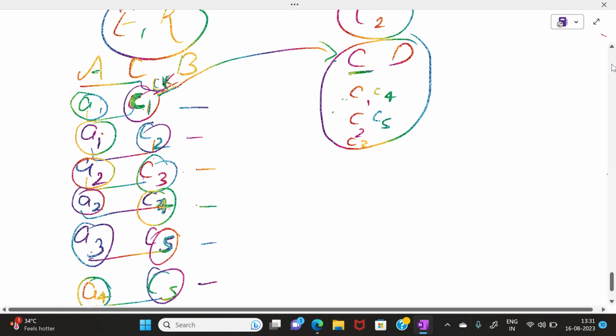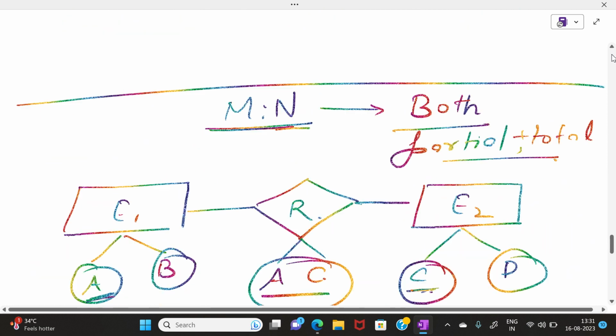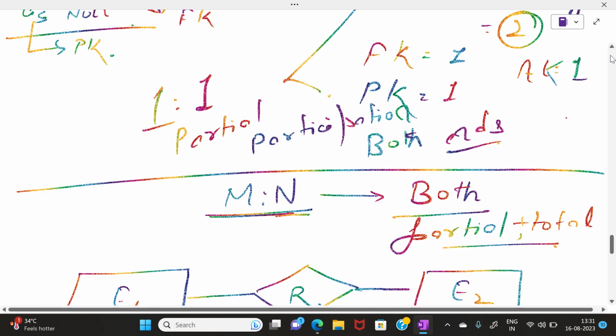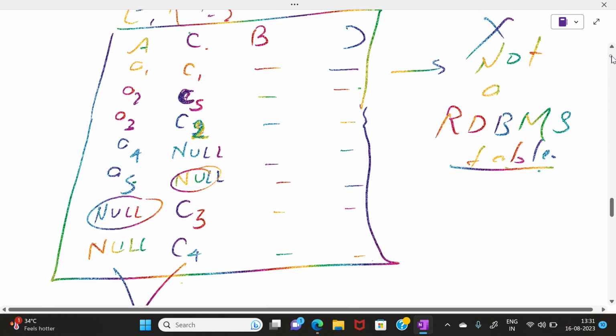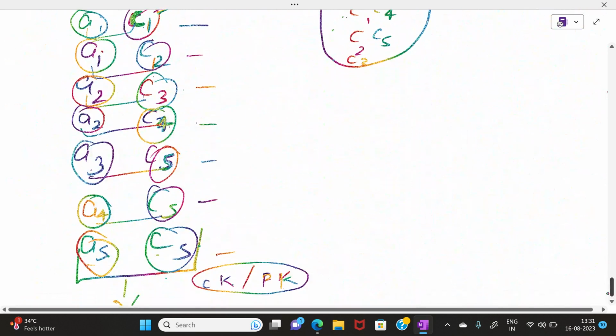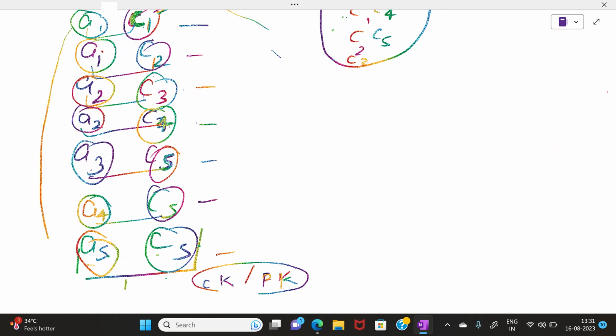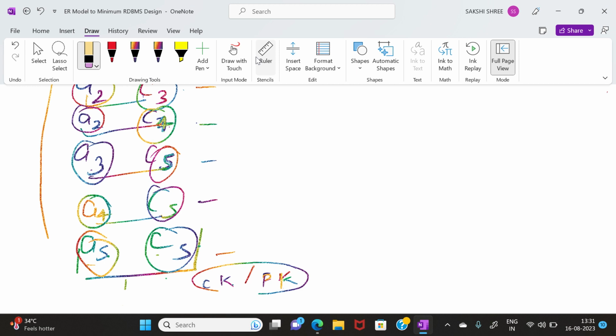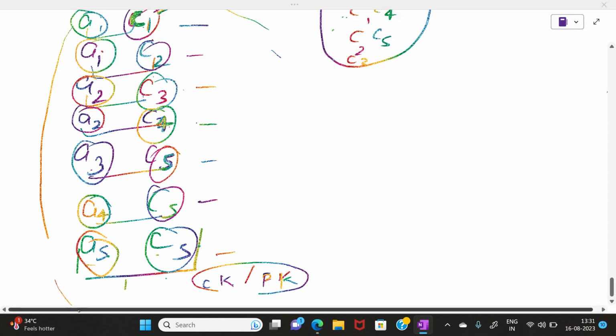So in this way we can combine, but we'll see next what issues it causes when we do it this way. This acts as one table, and this acts as another table, but we need to have one foreign key here.